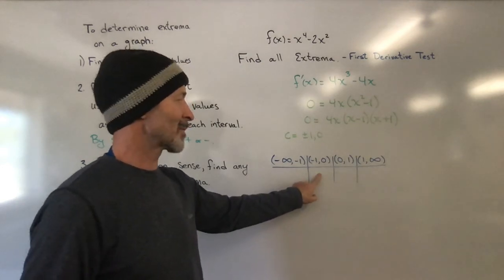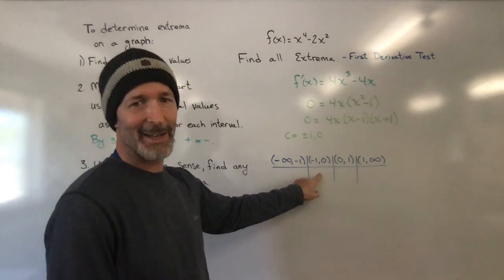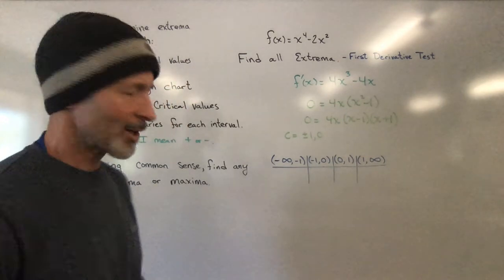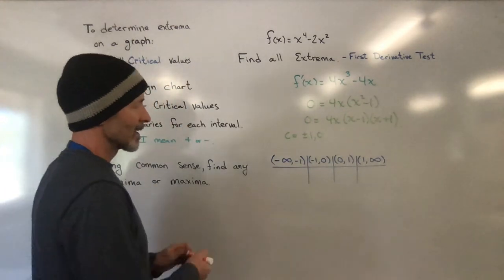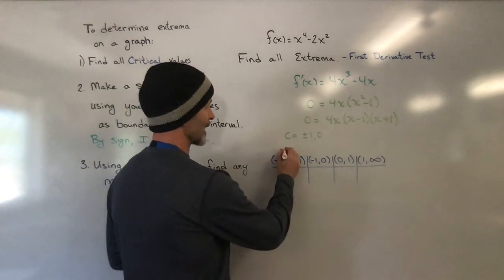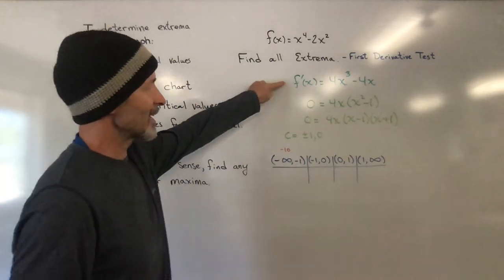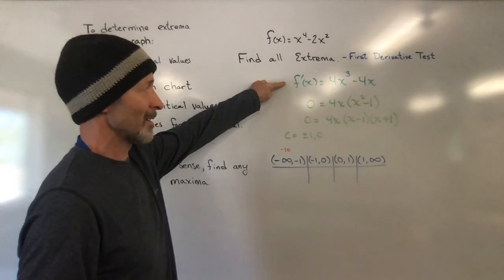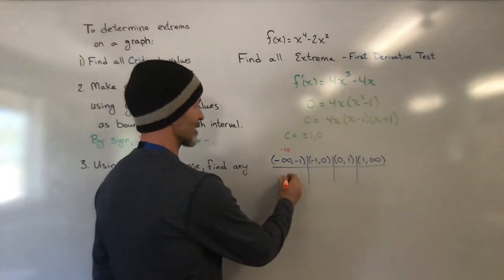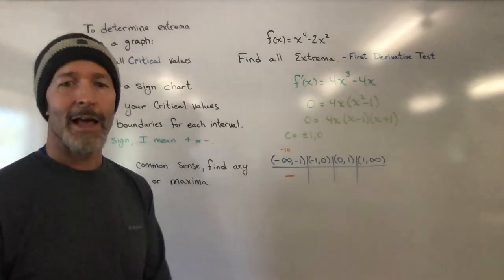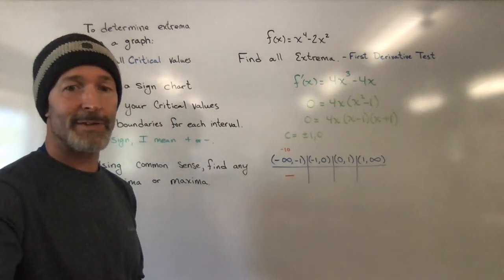If one number in this interval is negative, then every single number in there will be negative. So all I need to do is come up with a little test case. Maybe I'll pick the number negative 10, which is in that first interval. Plug negative 10 into your derivative and determine whether it is positive or negative. And then I want you to do the same for each of the other intervals.